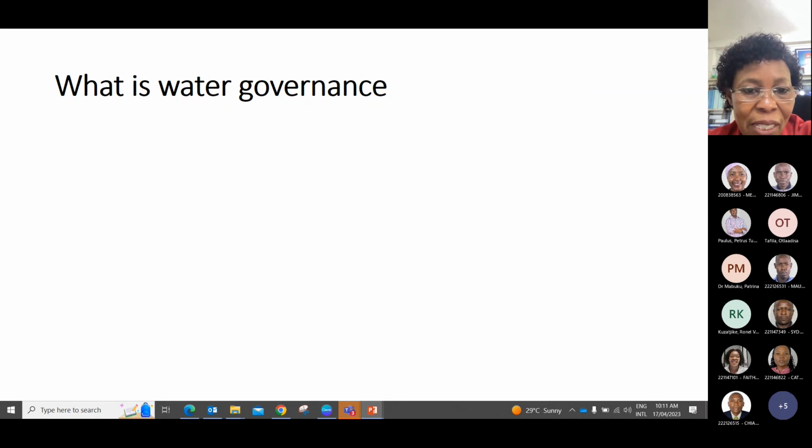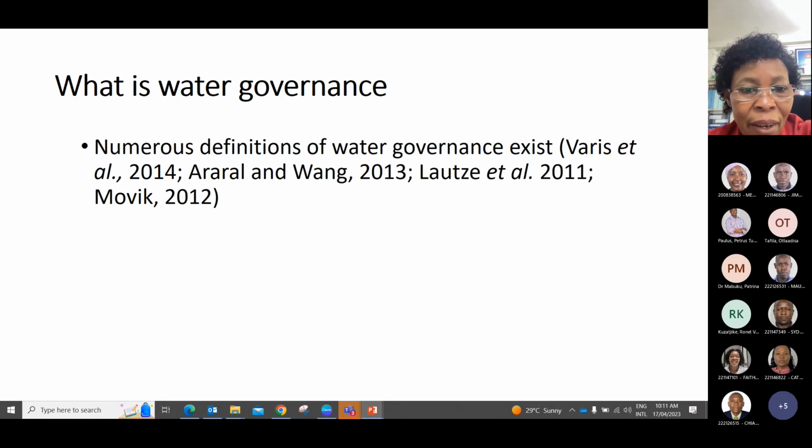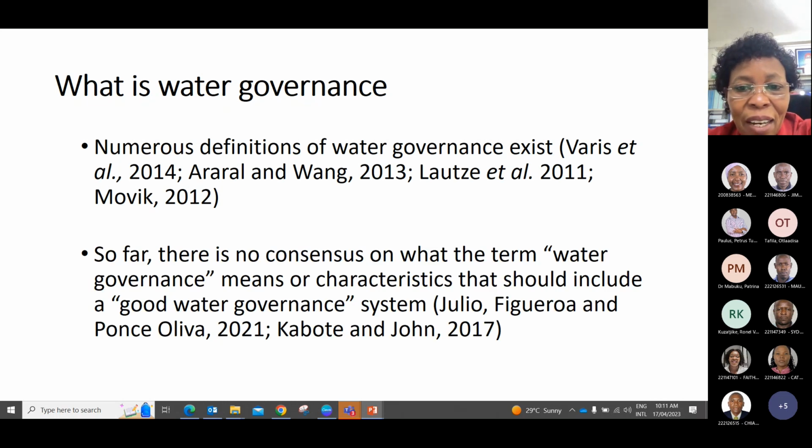So what is water governance? There are numerous definitions of water governance, as you can see on the slides. And so far, there is really no consensus with regards to the term water governance, because the characteristics that should be included in a good water governance system are still contextual.